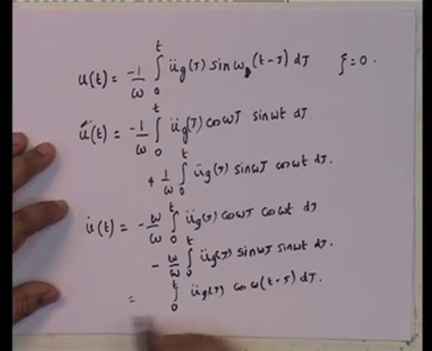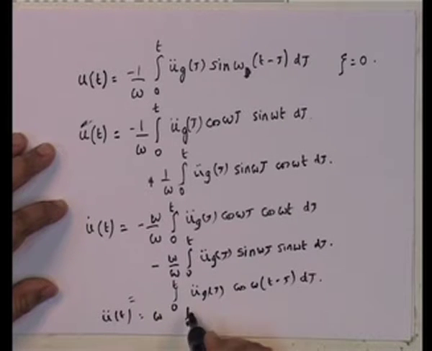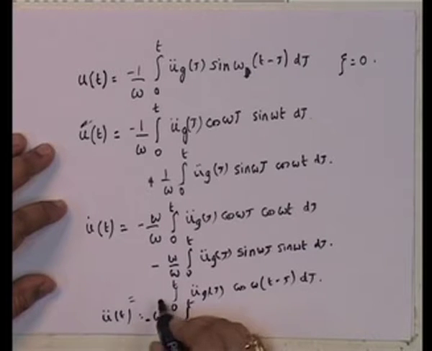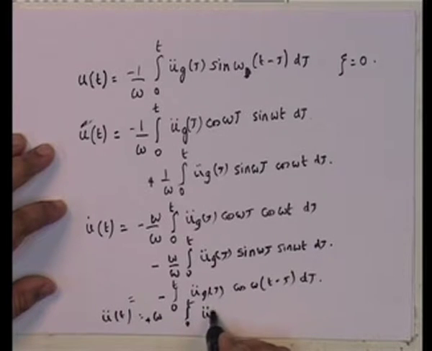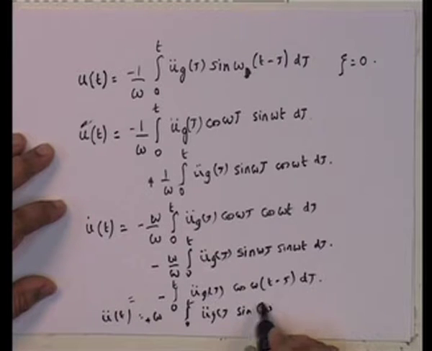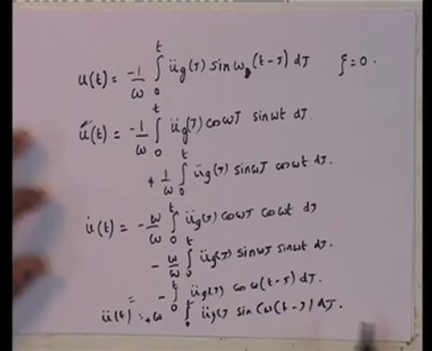And u double dot, if you notice, is going to be equal to omega, integral from 0 to t, again minus, so this will become plus omega u g double dot of tau sine omega (t minus tau) d tau.